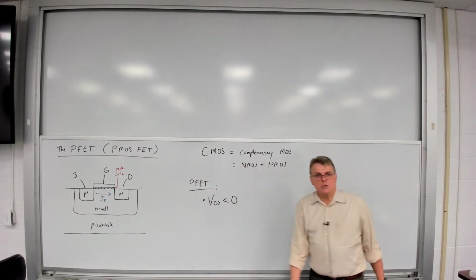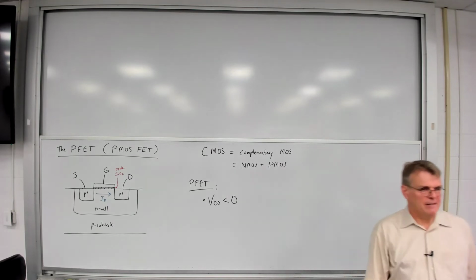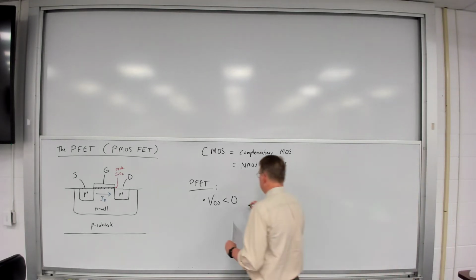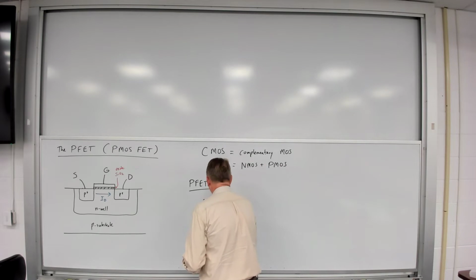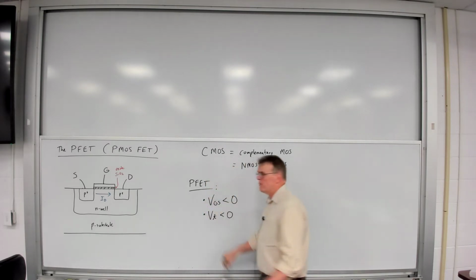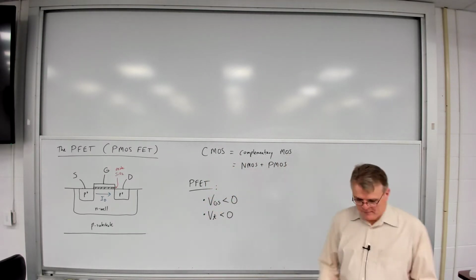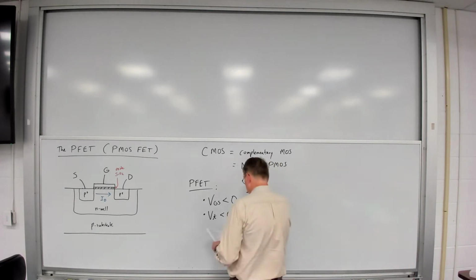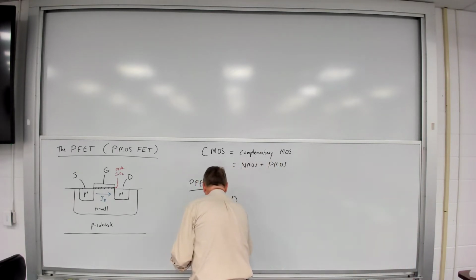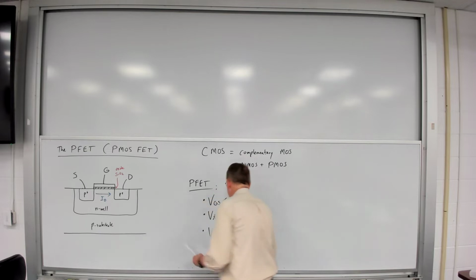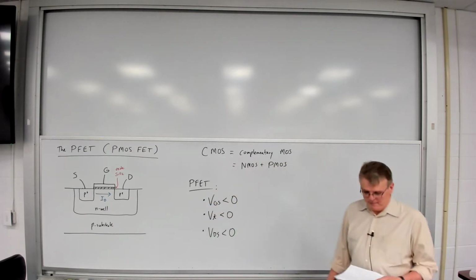We need the gate source voltage to be negative. And in addition, the threshold voltage is negative. The drain source voltage is going to be negative.